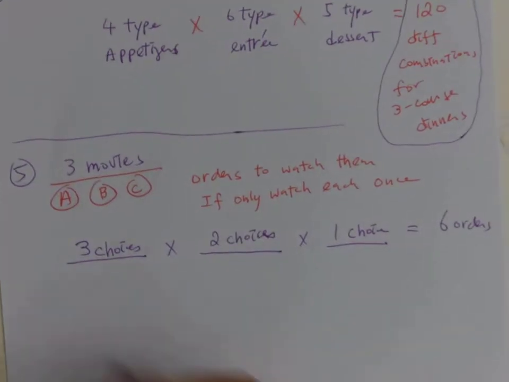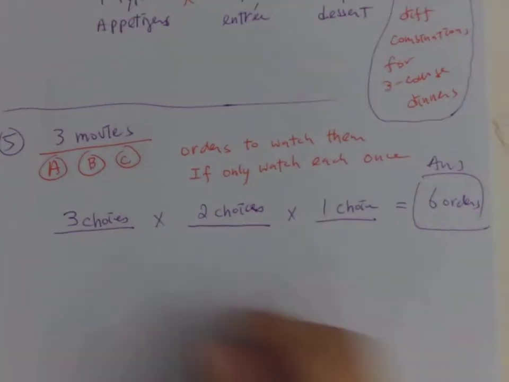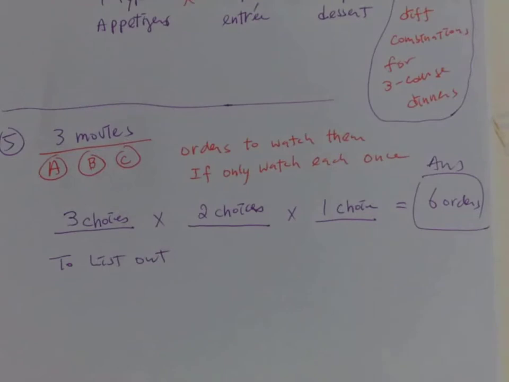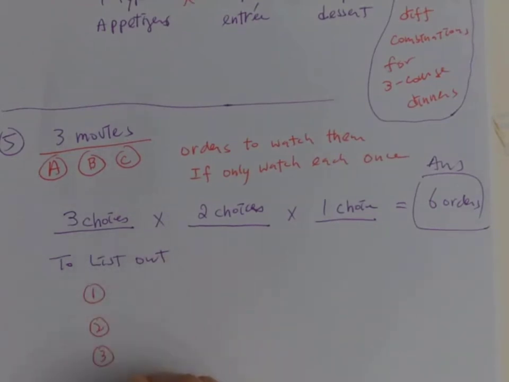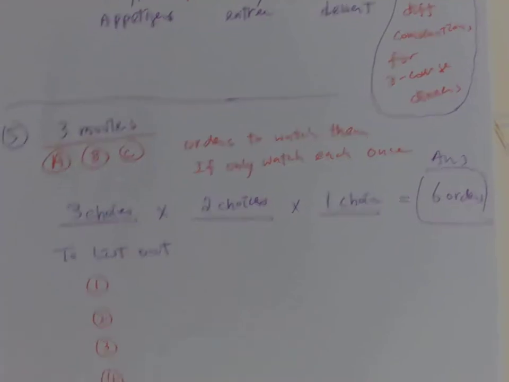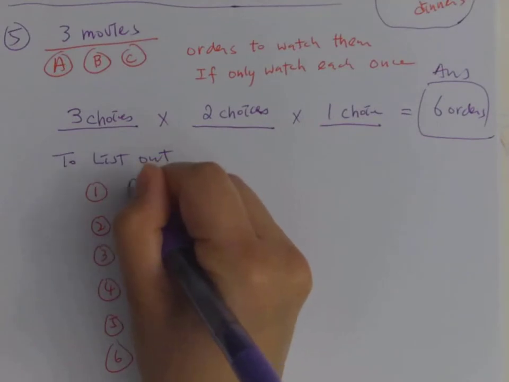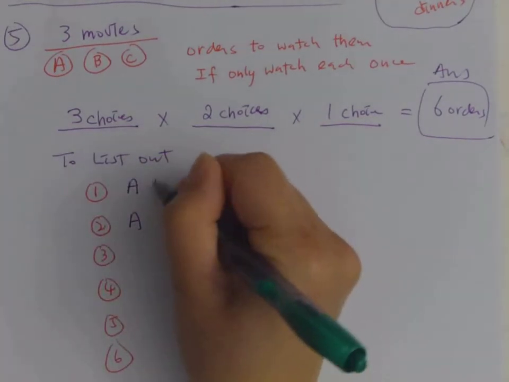And if I ask you to list them out, then we are going to have 1, 2, 3, 4, 5, 6, right? So how does that work? I can watch movie A first, and then B and C, right?